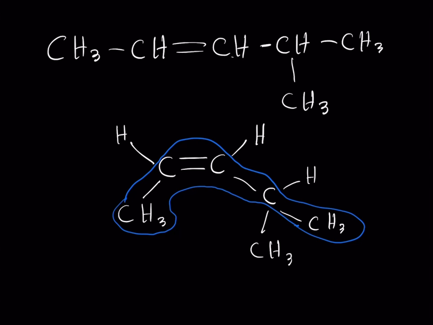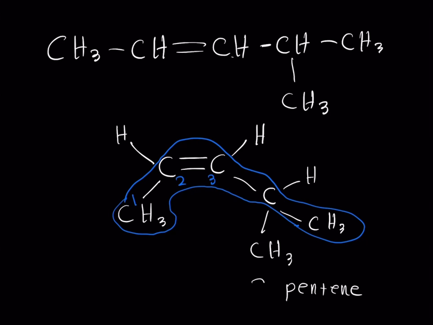In the main chain, or the longest chain, we have 5 carbons, which would be associated with pentene. And then we have the double bond in between carbons 2 and 3. The reason we count this way is because we want the double bond to have the lowest number.